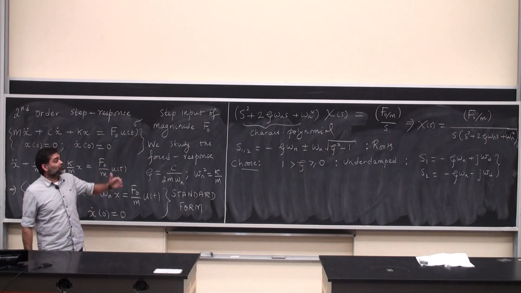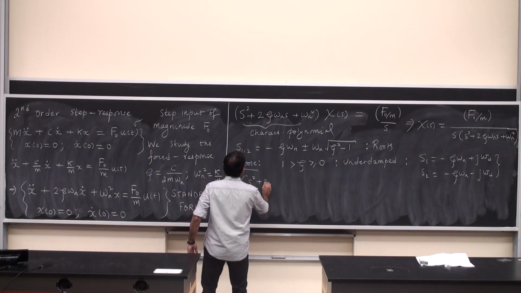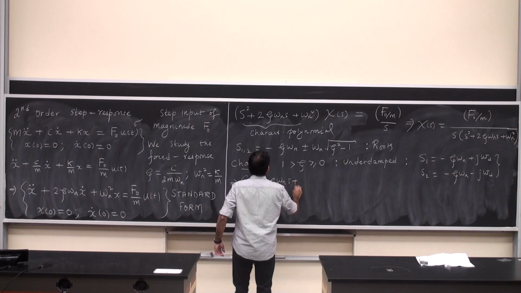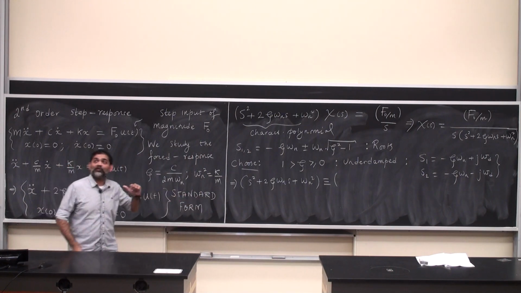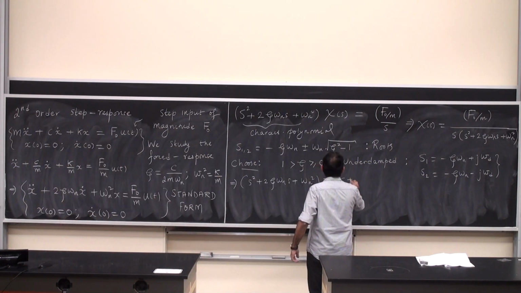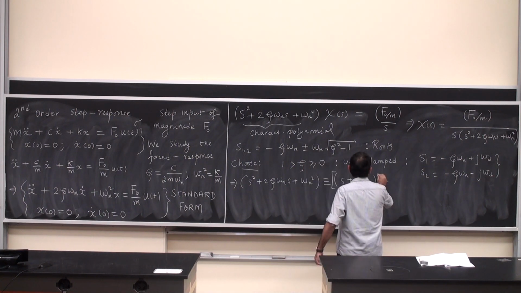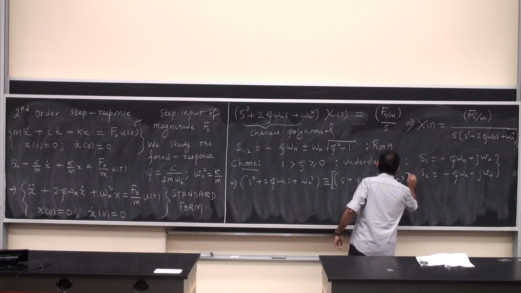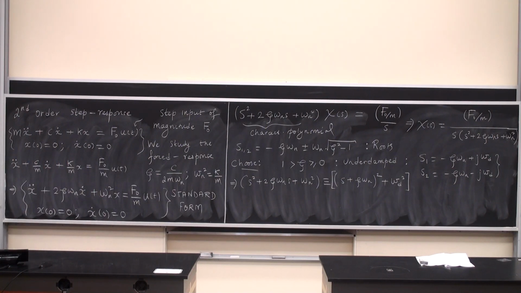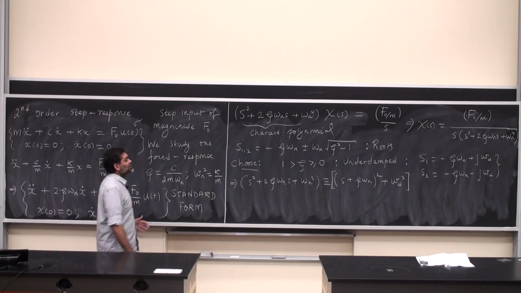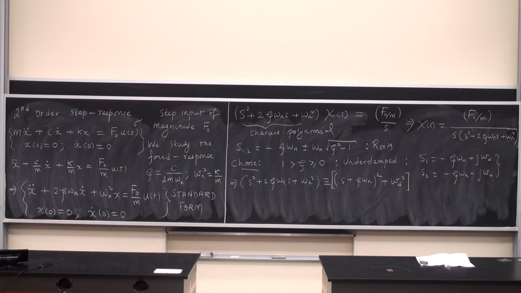So the characteristic polynomial can be written in terms of the roots, and so we have the following. s square plus 2 zeta omega n s plus omega n square is now (s plus zeta omega n) whole square plus omega d whole square, and this is also something that we had written in the past when I did free response for underdamped systems. Okay, so please take a look at it. I believe it's lecture 22 and 23. We were able to write the roots in this following form.